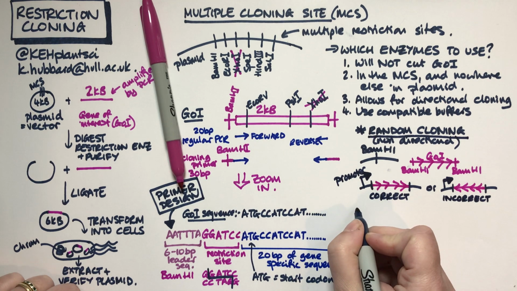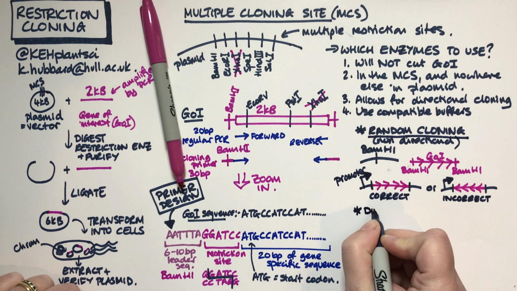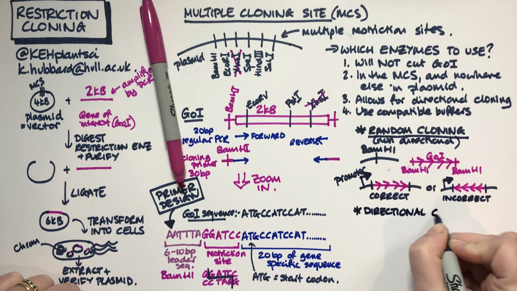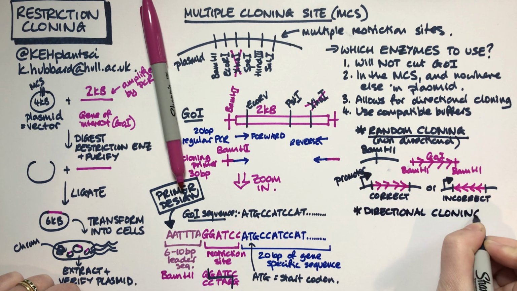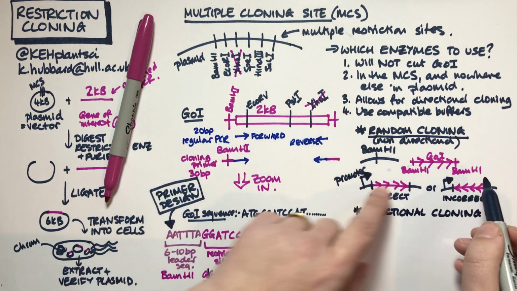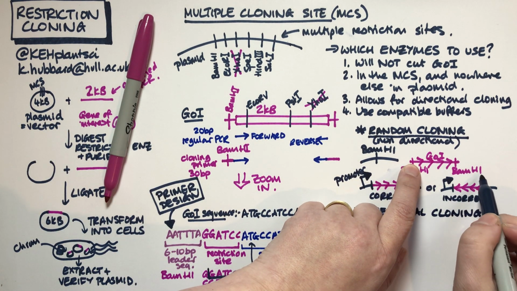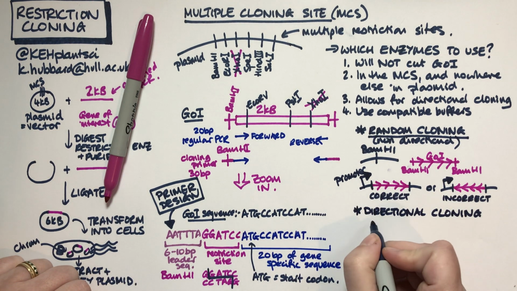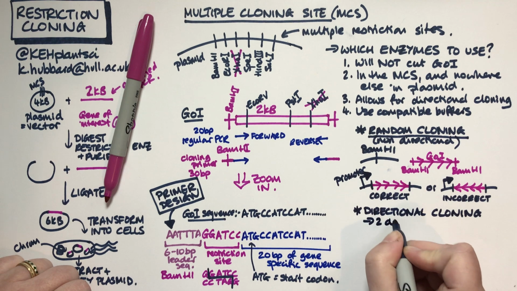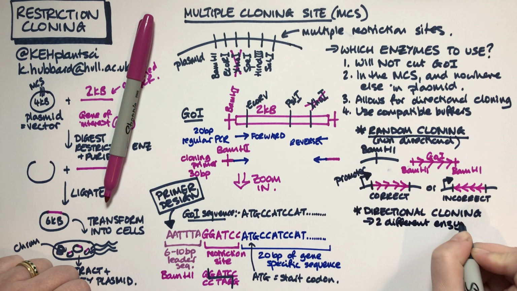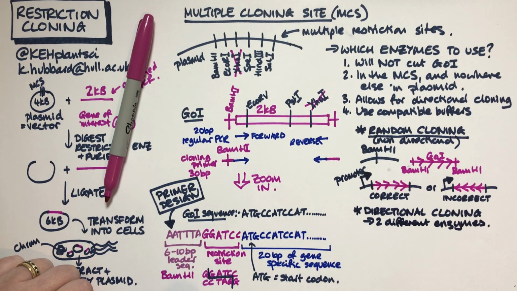So the other thing that you can do is directional cloning. We've chosen BamH1 to go at the start. We're not going to choose BamH1 to go on the end, because that will have the random cloning effect. What we're going to have is two different enzymes that we pick for our cloning strategy.